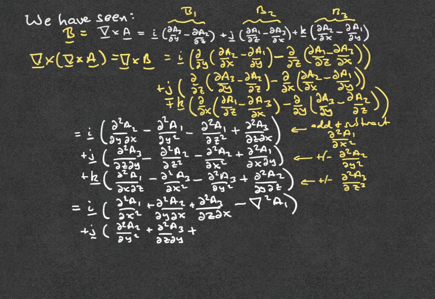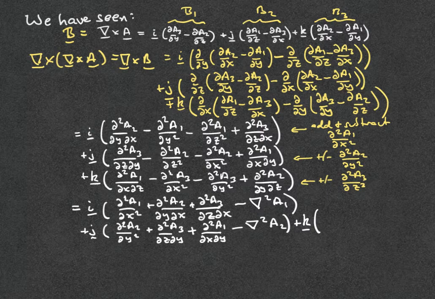So that's d2a1 dx dy. And the three terms that are left are minus the Laplacian, all acting upon a2. So it's minus the Laplacian of a2. And then the third term, I'll try to fit it in here.